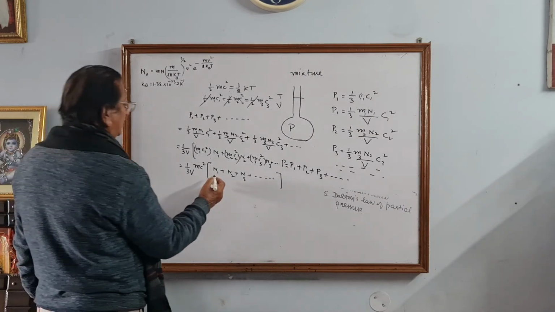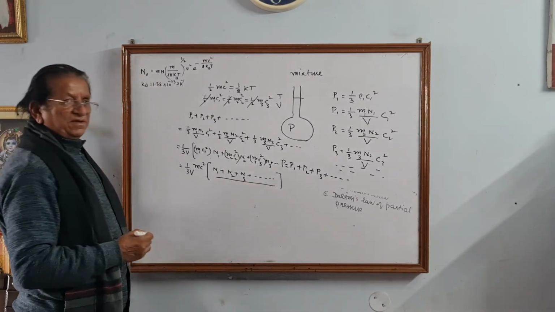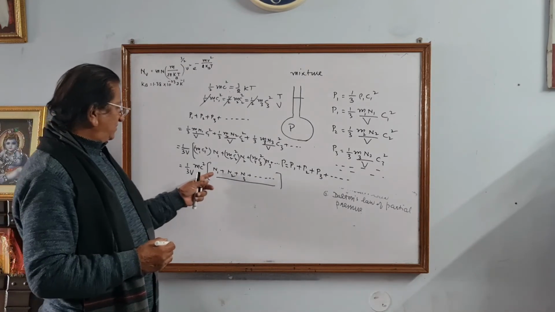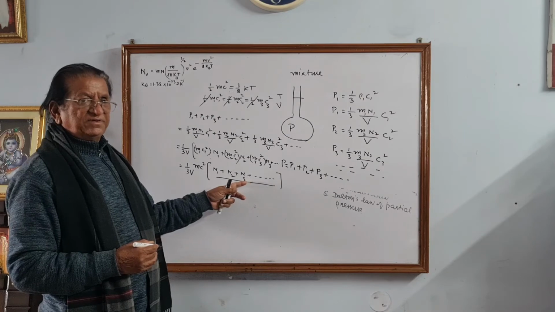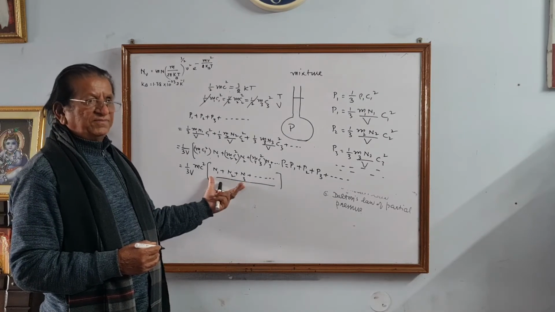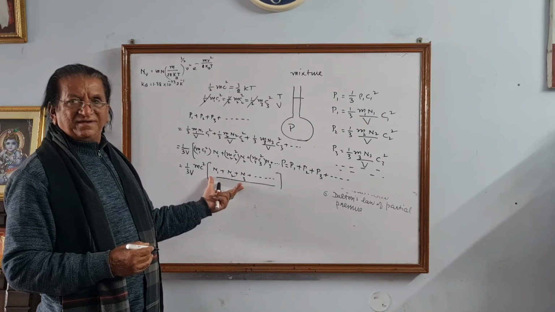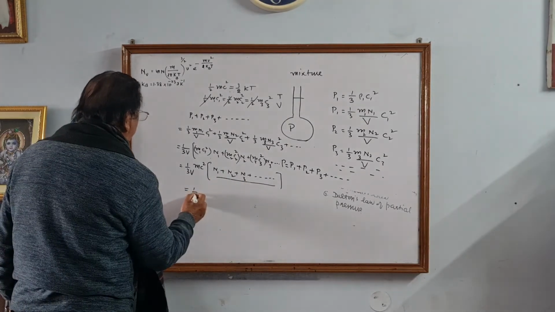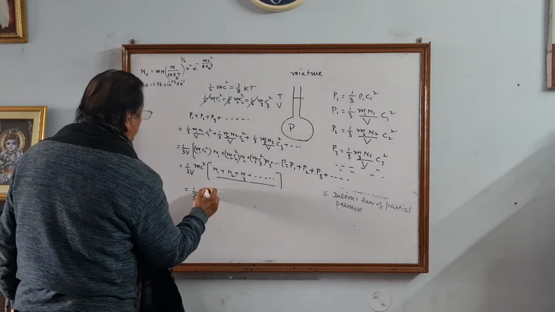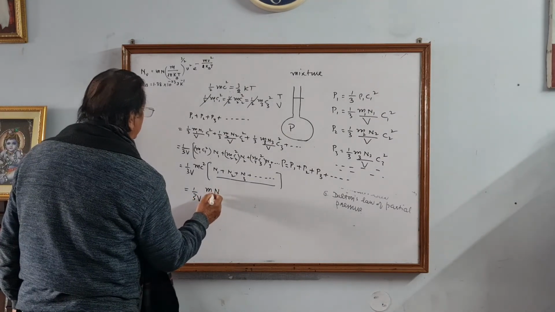What is this? This is the total number of molecules of the mixture. Number of molecules of gas number 1, number of molecules of gas number 2, number of molecules of gas number 3. तो जब मिक्सर हो गया तो sum of the molecules of the mixture हो गया ना, total number of molecules of the mixture. So it will be 1 by 3 v m into n c square.